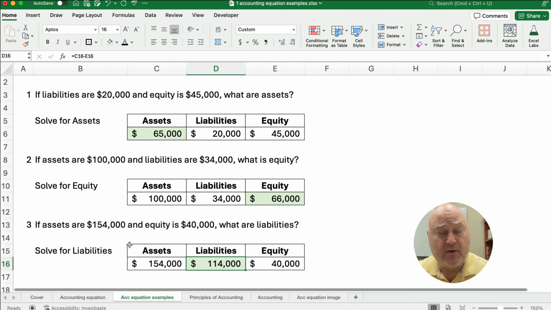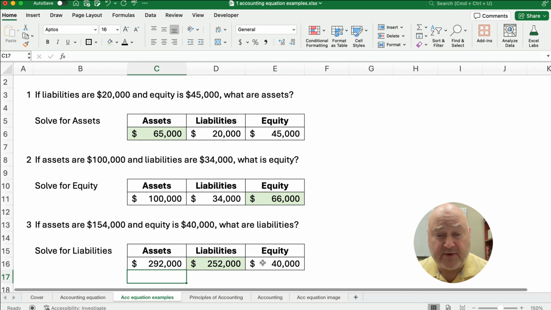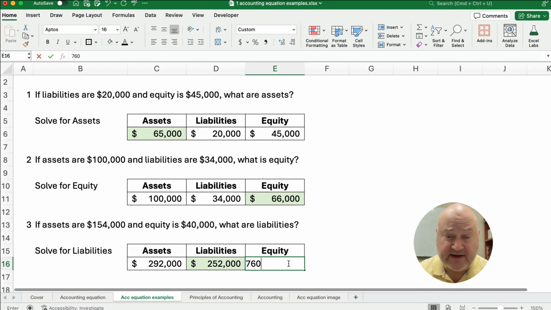Now, what happens is we might solve different problems. So if you have a new problem that says if assets are 292,000 and equity is 76,000, then it will calculate what our liabilities would be, our total liabilities based on that problem.